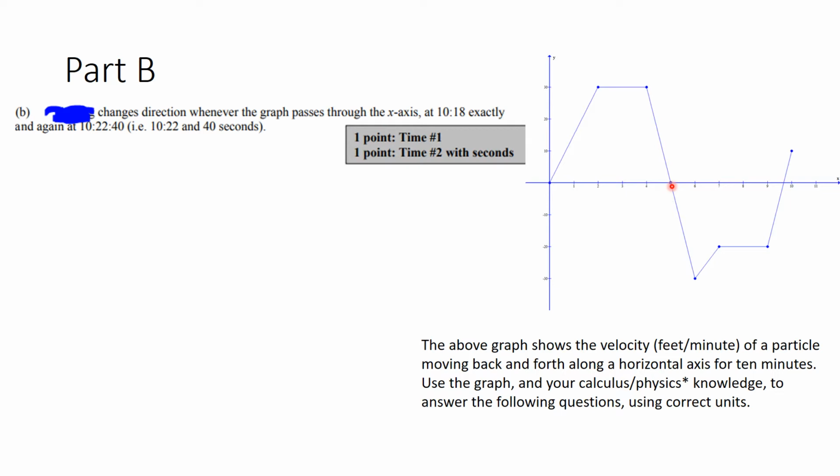But I asked at what time does it change, and so the answer would be it changes at 5 minutes from 10:13, or 10:18 exactly. Now it changes direction again, going from the negatives to the positive over at this point, and that is 9 2/3.